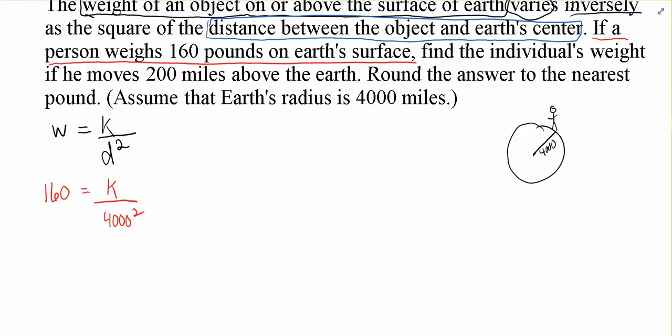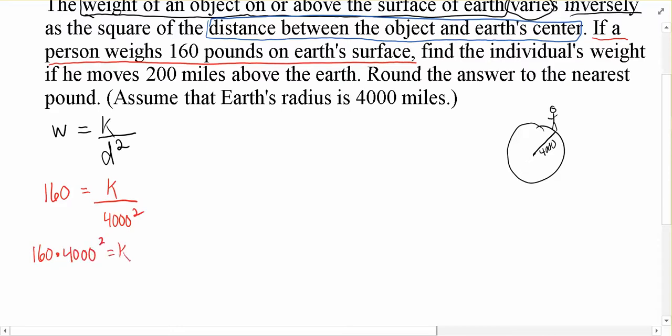So now we need to solve for K. We're going to multiply the 4,000 squared to the other side. Oops, too many zeros. Making errors all over the place. Now we could go ahead and put this value in the calculator. I'm not going to, because it's just going to be some crazy big number, so I don't really want to do that.